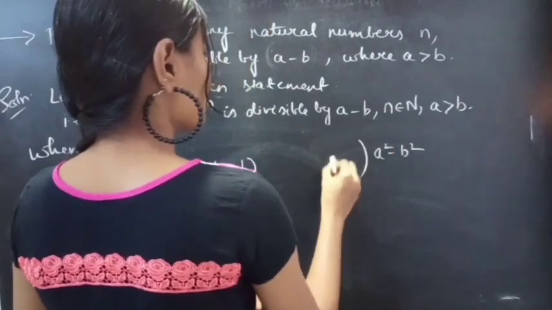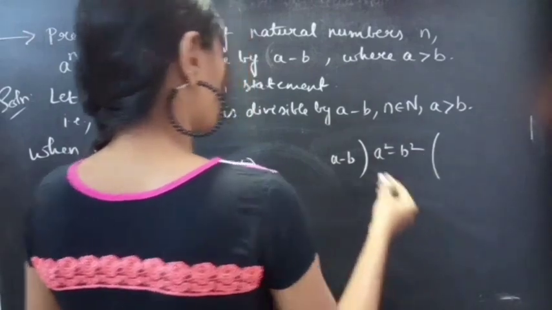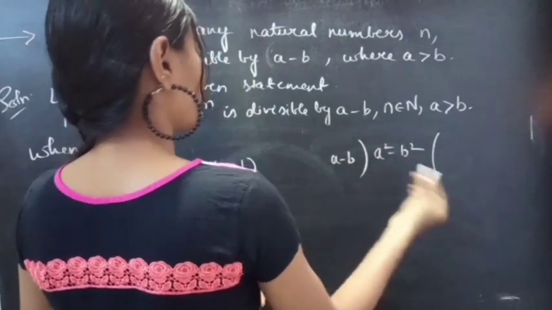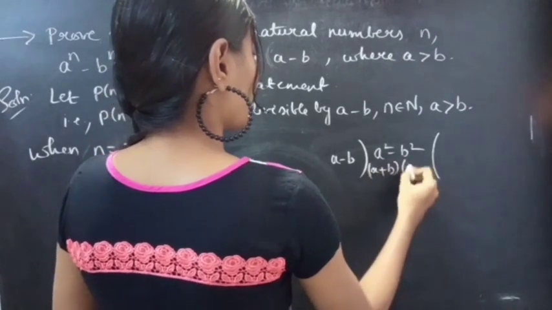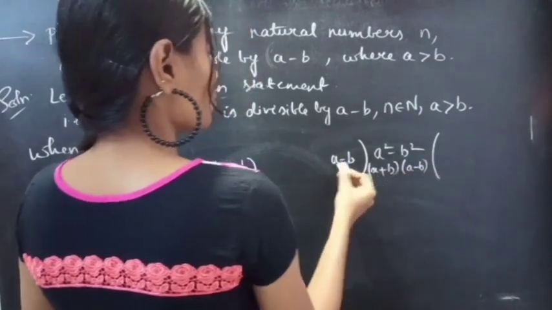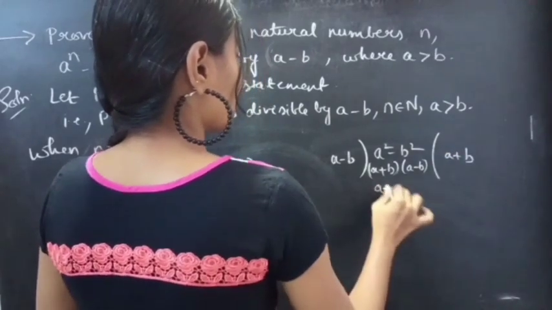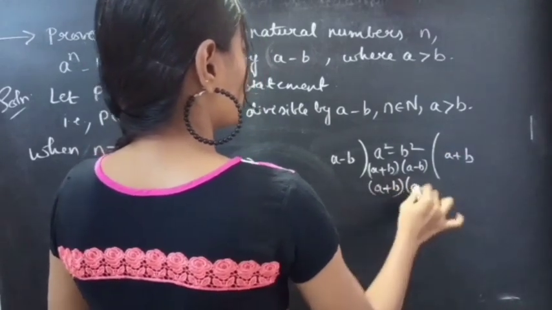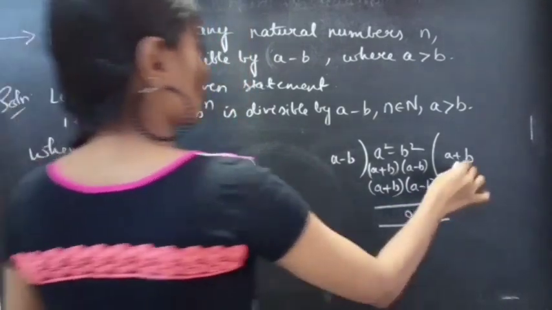A square minus b square divided by a minus b gives, we can split, okay, you can write a square minus b square as a plus b into a minus b. So a minus b into a plus b gives a plus b into a minus b with remainder 0 here.